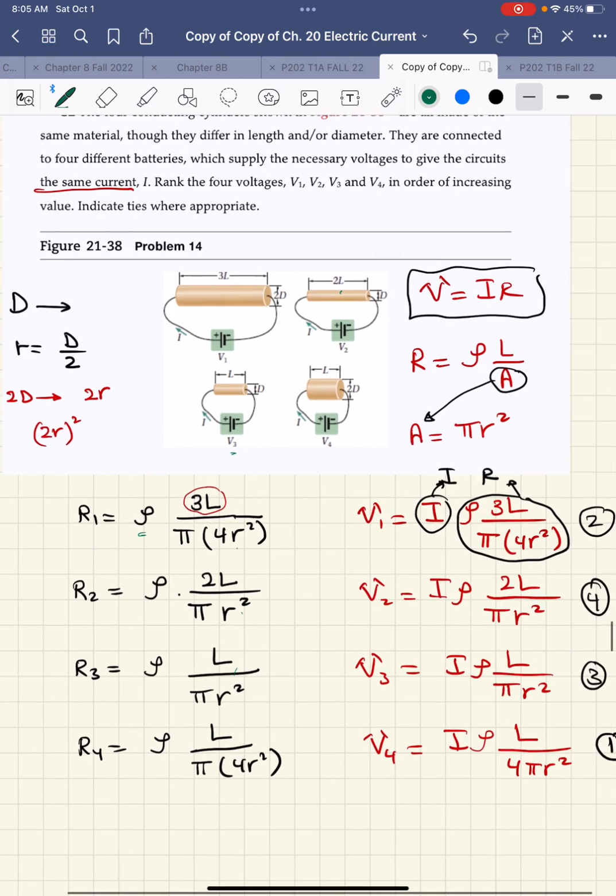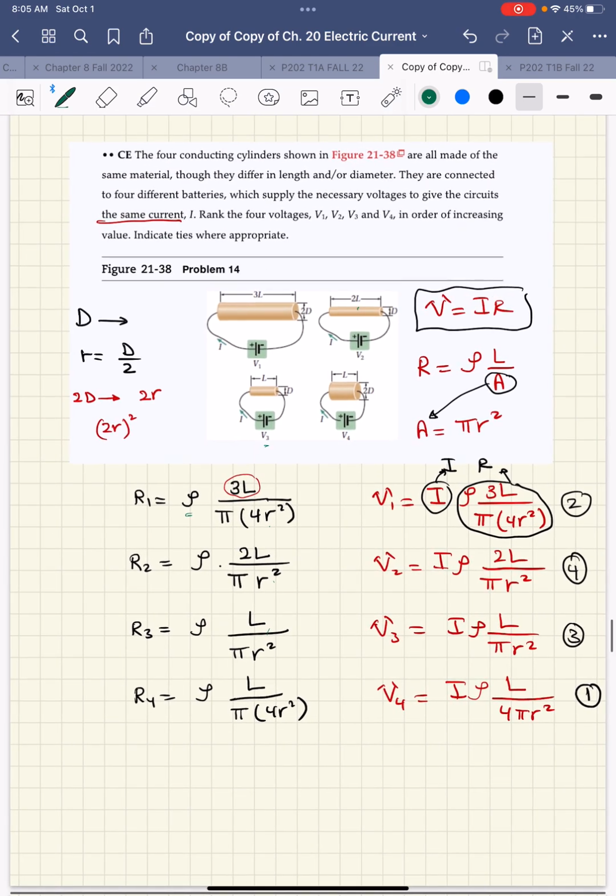Now, to calculate the voltage, V should be I times R, so I multiply I times rho 3L divided by pi 4r squared, which is simply this value here. I will do this for V2, V3, V4, and then I need to compare the values. When you look at this one here, you're going to find that V4 has just L.